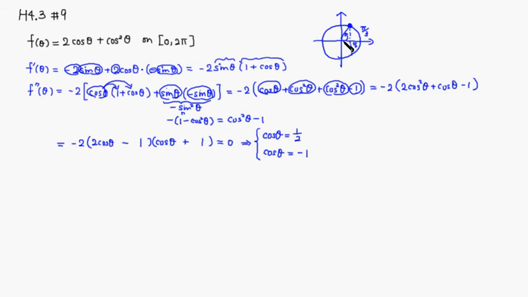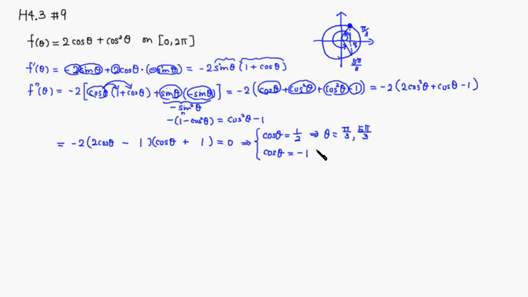Then this other one goes all the way around to here, so that's going to be 5 pi over 3. So this gives you that theta is going to be pi over 3 and 5 pi over 3. Theta is between 0 and 2 pi, so we don't need bigger angles or smaller angles.